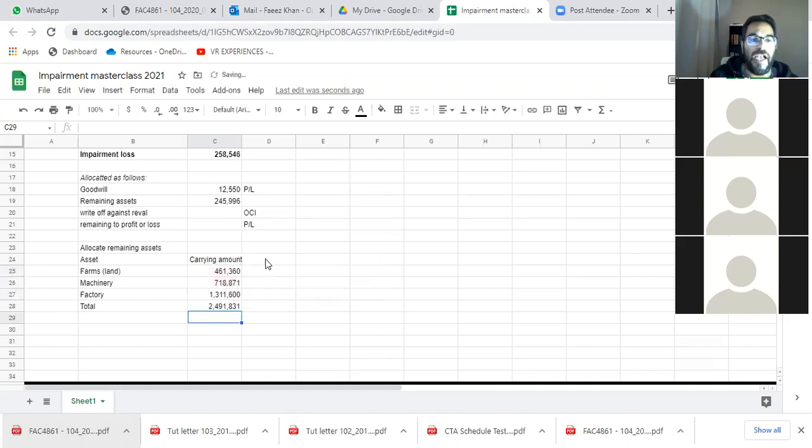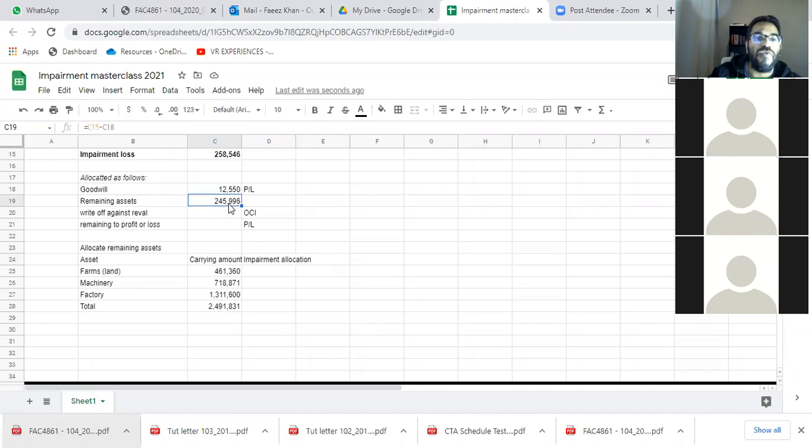Okay, so now we can allocate impairment. So I'll call this impairment allocation. Remember what we're going to allocate? We're going to allocate the remaining impairment. We already took what must go against goodwill. So we're not going to allocate the 258.